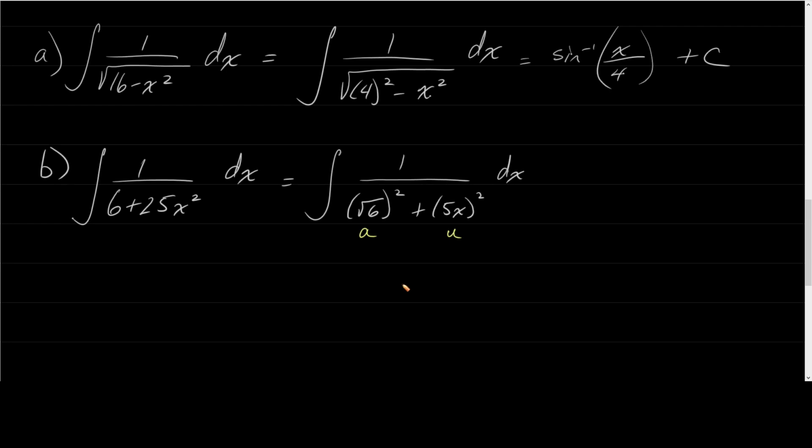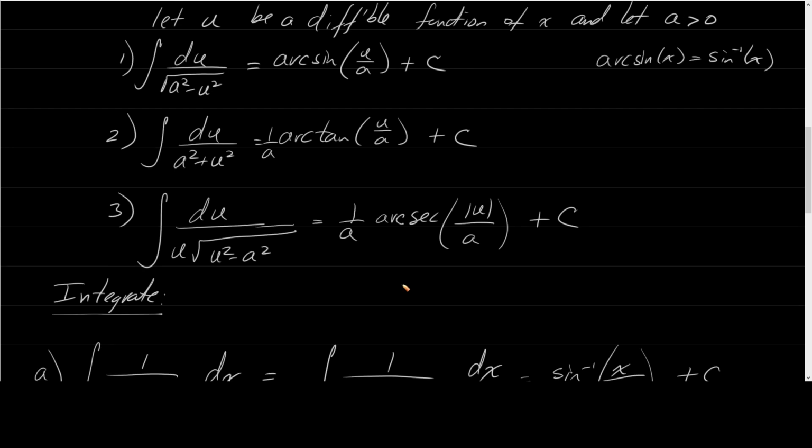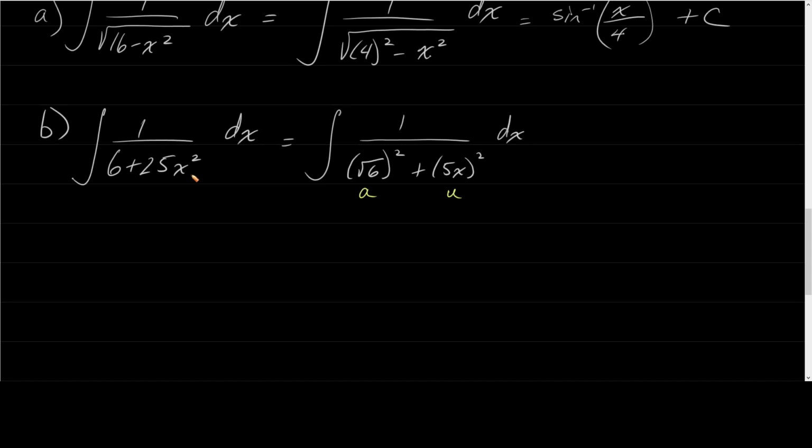But before we continue, let's figure something out here. Look at what we have in this equation. This is our u, and on top I've got du, right? Let's look at ours. This is our u, and on top I've got 1 dx.